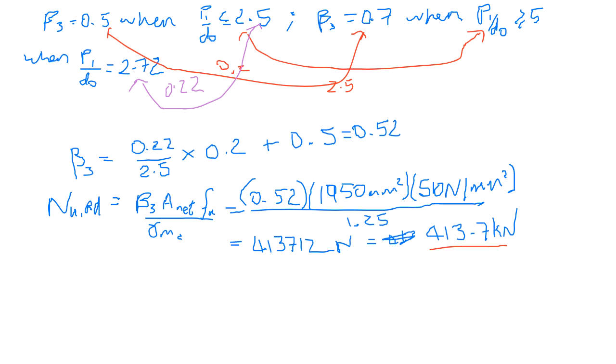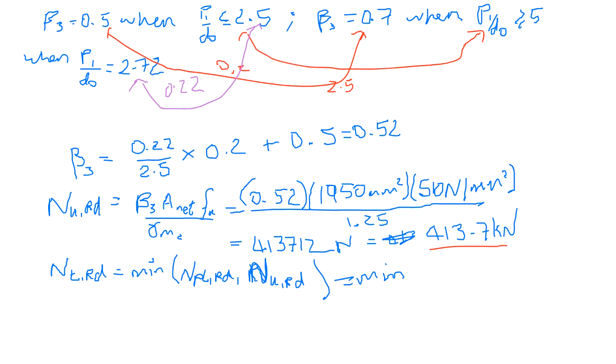So the tensile resistance of that section is equal to the minimum value of the plastic resistance, Npl,Rd, which we've already calculated on the previous page, and the ultimate resistance, Nu,Rd. So that's equal to the minimum.